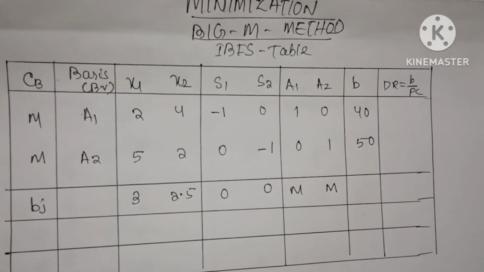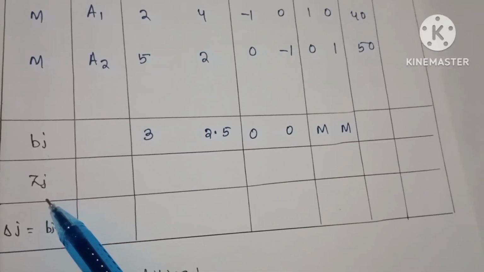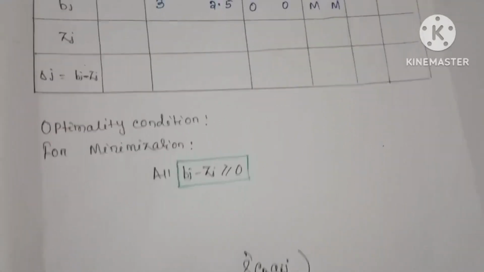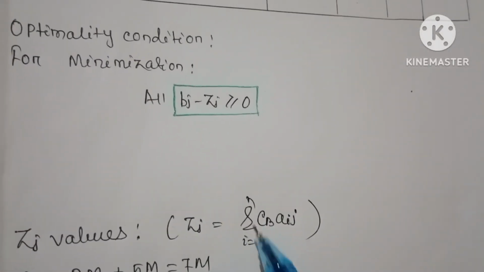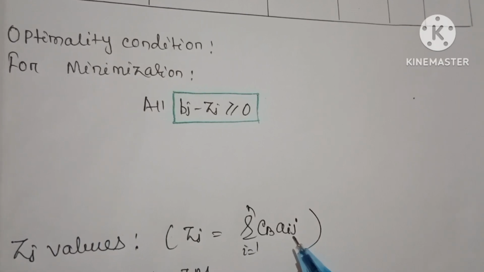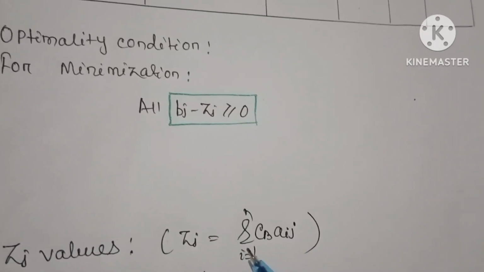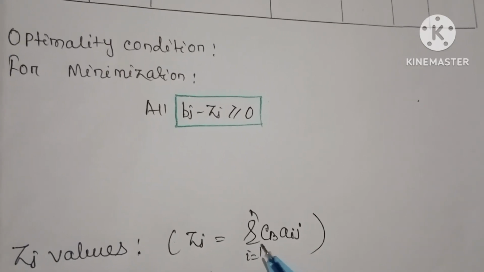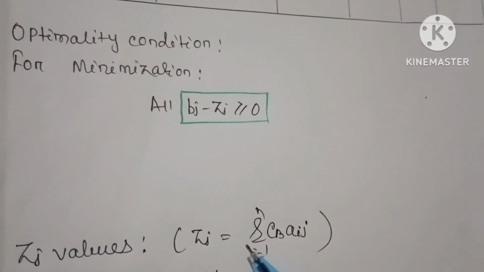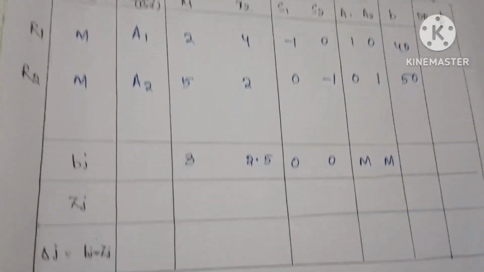Next we calculate the values of Zj. As you know, Zj equals the summation of CB into aij, that is, the sum of the products of the coefficient of the current basic variable and the respective coefficient in that column. Let us calculate the values of Z1, Z2, and so on.